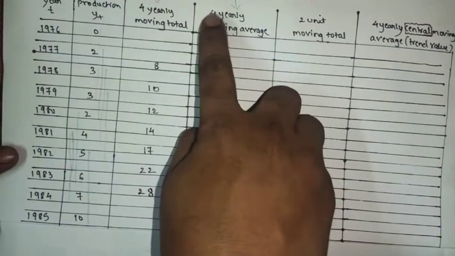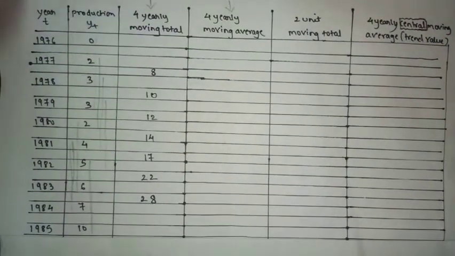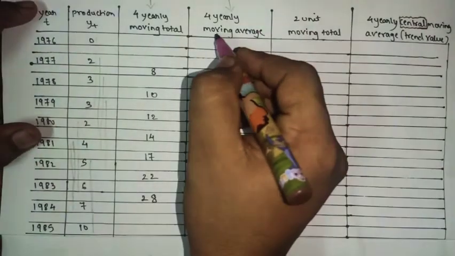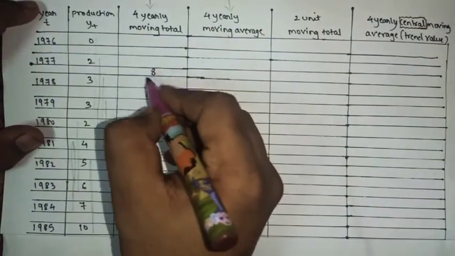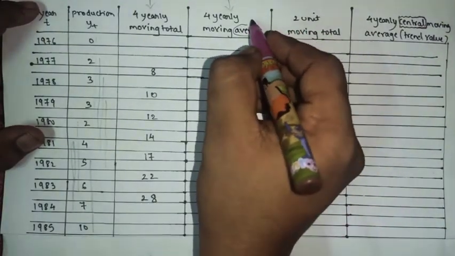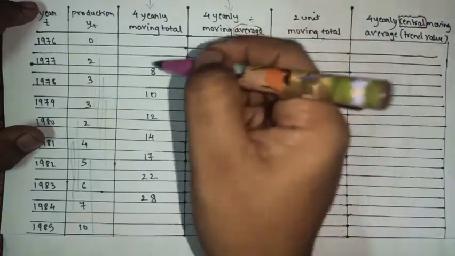So it says 4 yearly moving average. So what does it mean? According to the sentence, it means what? 4 yearly moving total we got. Average means what? Sum of all numbers divided by total number. So divided by total number means what? There are 4 numbers, as we added 4 numbers.